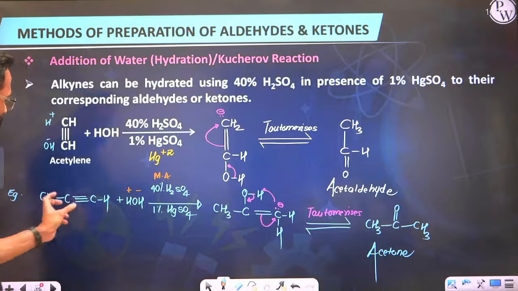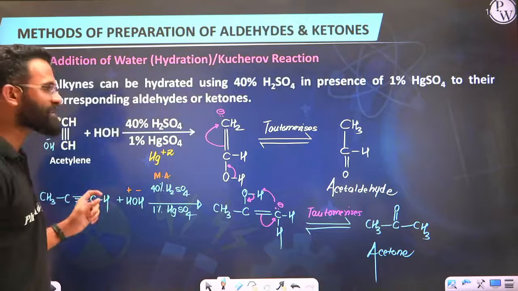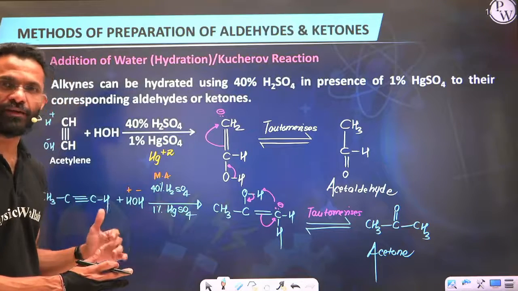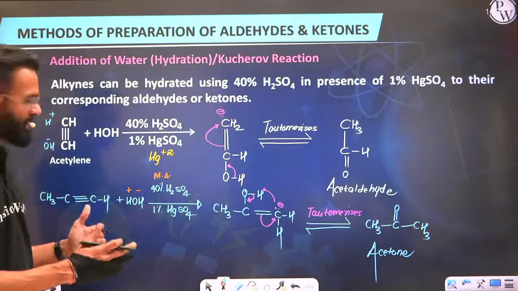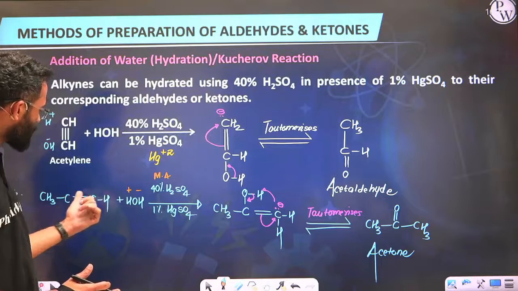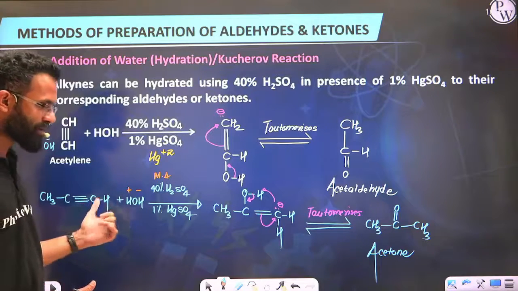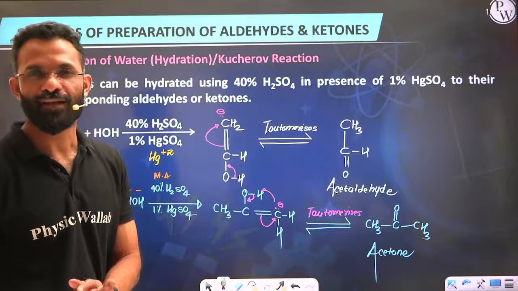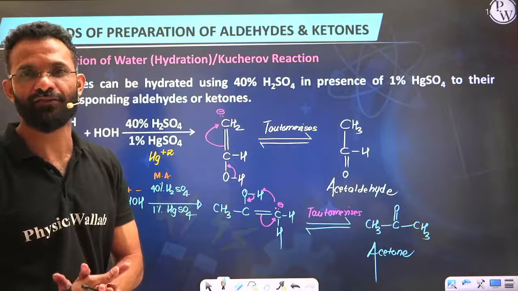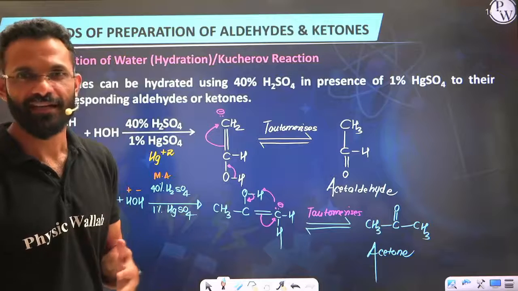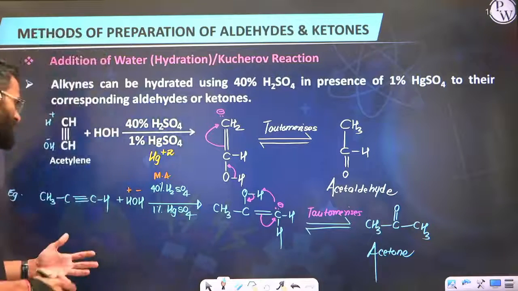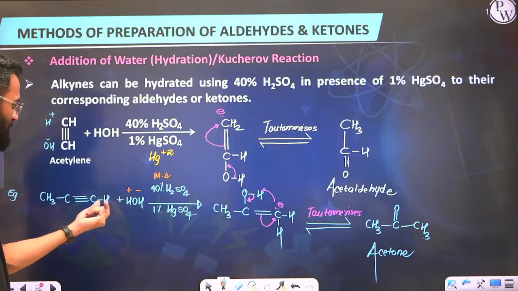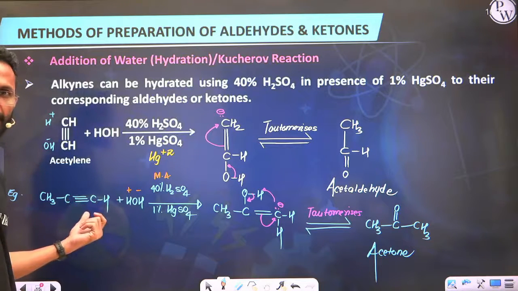But imagine if the triple bond is present in the carbon chain such that the molecule is not symmetrical, then there is a possibility of forming ketone by attack of OH at either of those two carbons carrying the triple bond, giving you two different ketones. But again, such a reaction is not preferred because it will result in a mixture of ketones. Hence, generally you will find the reaction is used for the preparation of ketone from terminal alkynes, which are going to be asymmetric.